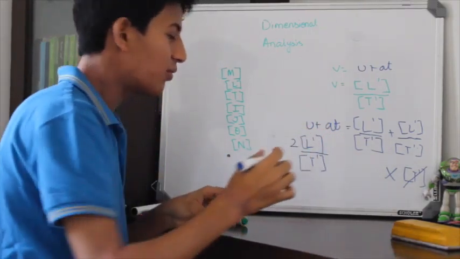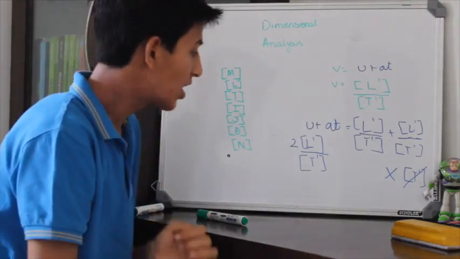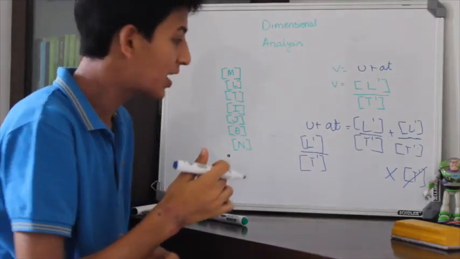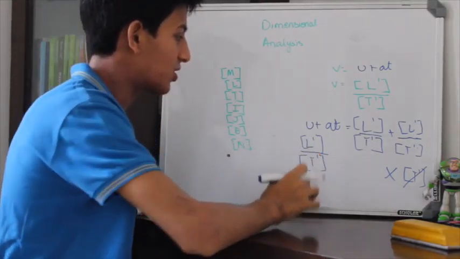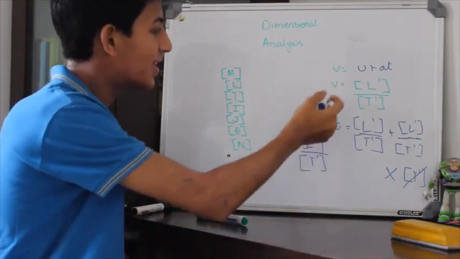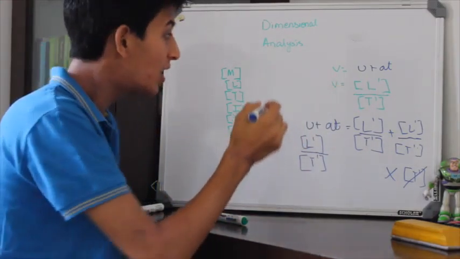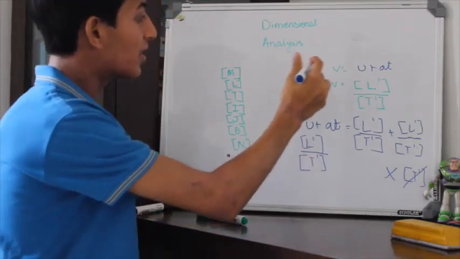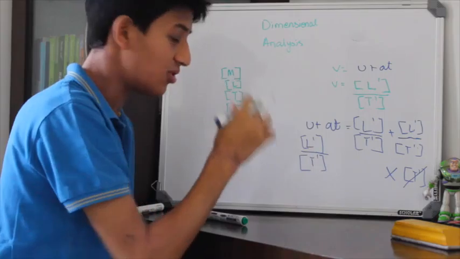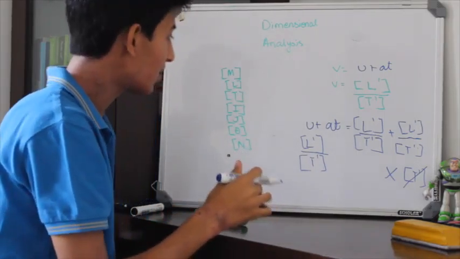And whenever we're doing dimensional analysis, we usually ignore the constants and look at only the dimensions. Now as you can see, L to the power 1 by T to the power 1 is exactly the same as the left hand side of the equation. So hence we can prove that this formula is actually feasible. We can actually use this formula, it's correct.